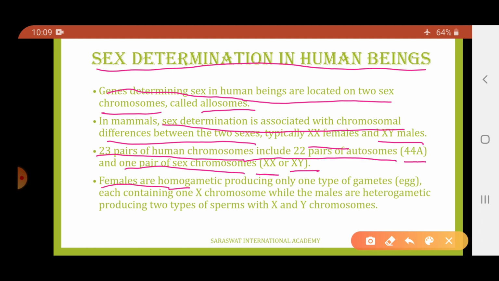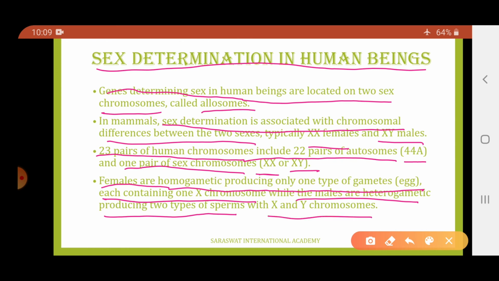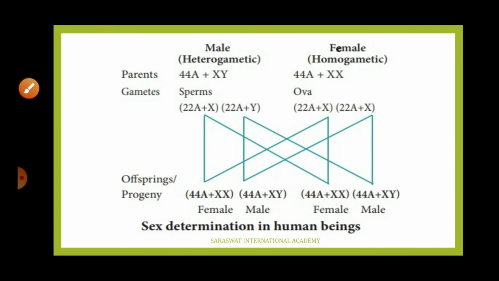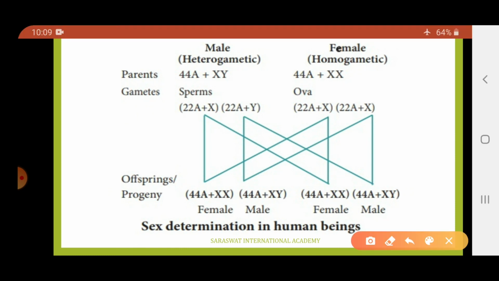Females in humans are homogametic, producing only one type of egg, each containing one X chromosome, while males are heterogametic, producing 2 types of sperm with X and Y chromosomes. We will see the table. So basically this is a human male, which is heterogametic, and this is a human female, homogametic. Males have 44 autosomes plus XY sex chromosomes, and females have 44 autosomes and XX sex chromosomes.